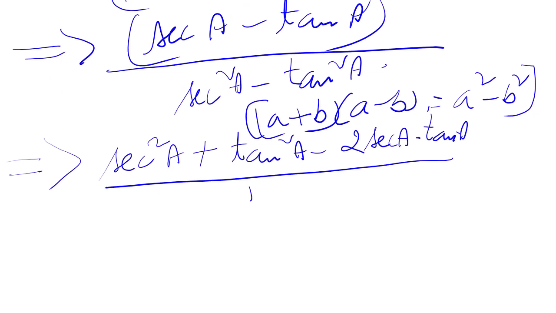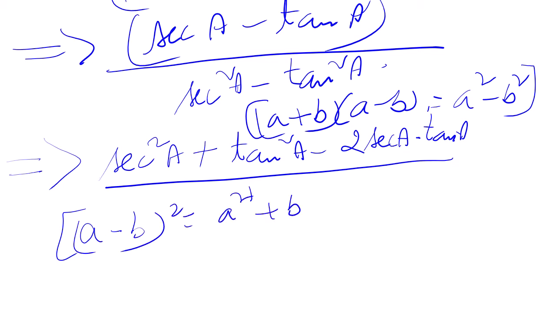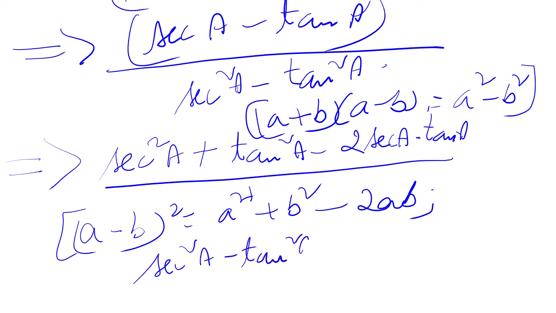So what we have used? We have used A minus B whole square is equal to A square plus B square minus 2AB, and also we have used sec square A minus tan square A is equal to 1.